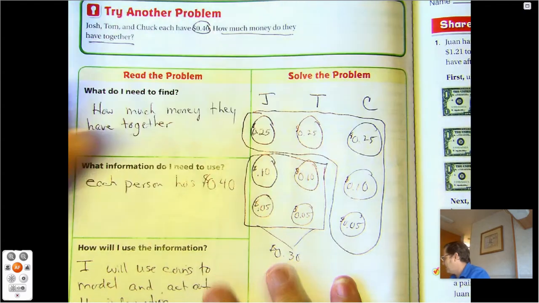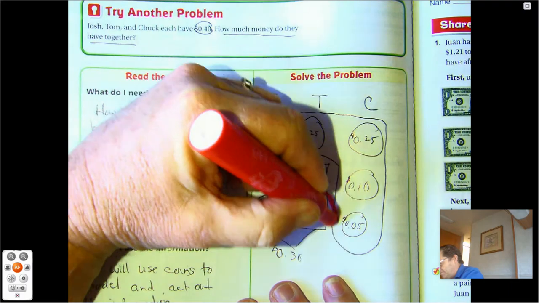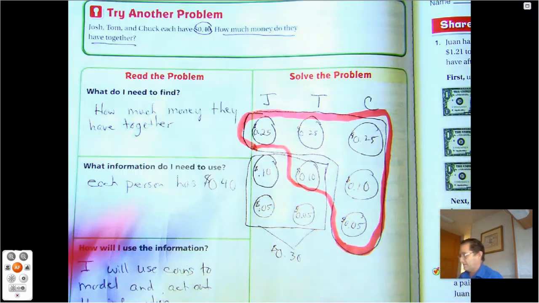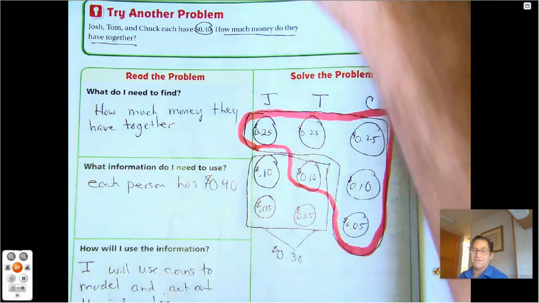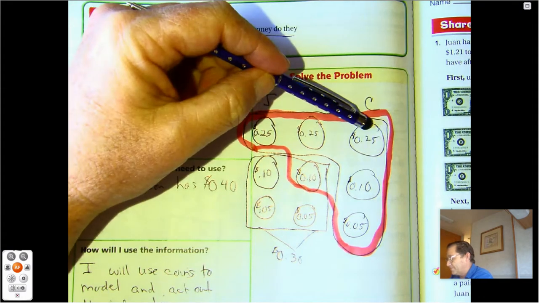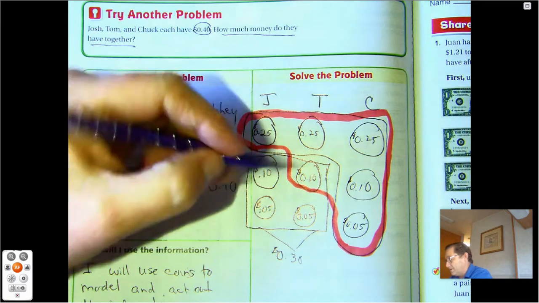Okay. Let me fix that. This is what I intended to do. Okay. I needed to have a value of 4 quarters. Okay. So 1, 2, 3, and then 10, 20, 25. So that would be an amount of 4 quarters.